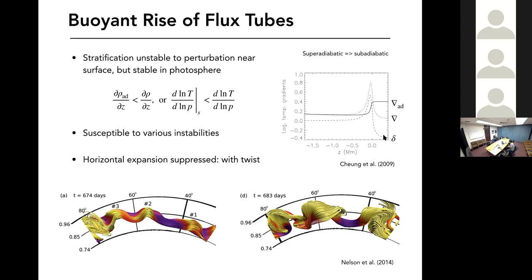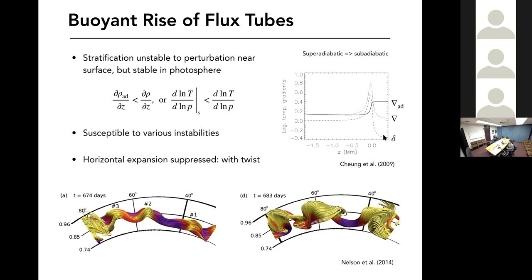One consequence is that once the flux reaches near the surface, it becomes squashed. When that happens, your field strength actually becomes weaker because it's spread out. If the field strength becomes so weak, it is no longer comparable to the kinetic energy.